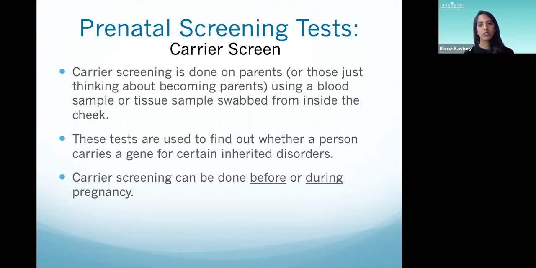These tests are used to evaluate whether a person carries a specific mutation in a gene, and if that's the case, then we usually test the partner to see if they carry a similar mutation in the gene. If they both are carriers, then there's a risk that the baby may have the specific condition. This is used for autosomal recessive conditions.